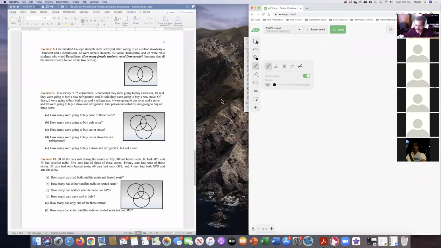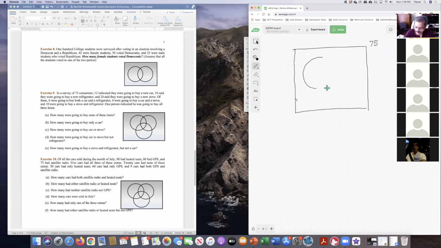Okay, so there are 3 things involved clearly. So we need 3 circles in the Venn diagram. And I'm going to identify, there are altogether 75 consumers who are interviewed. So 75 for the universal set.